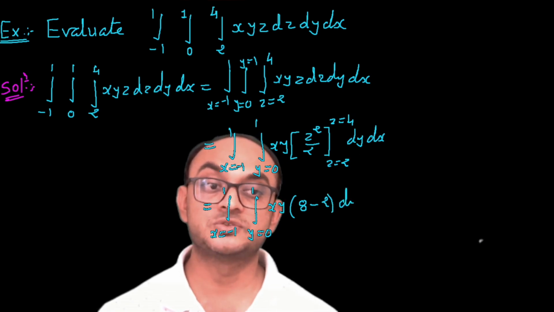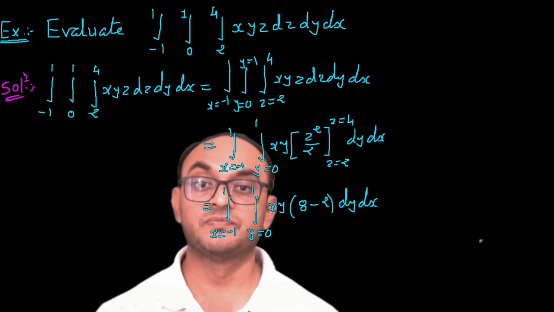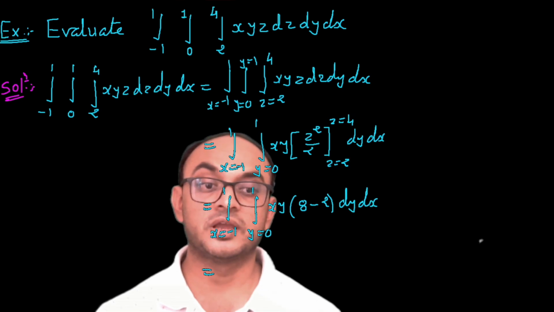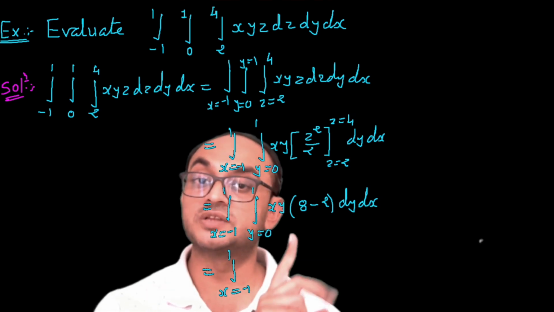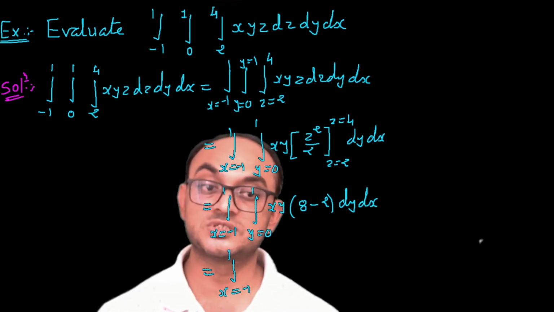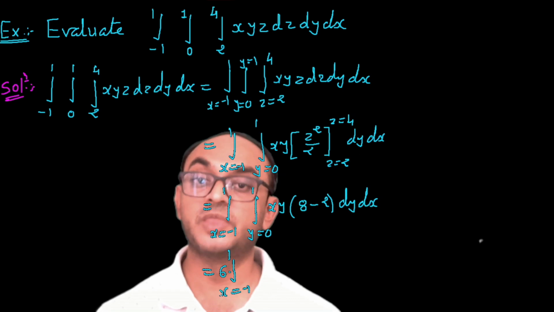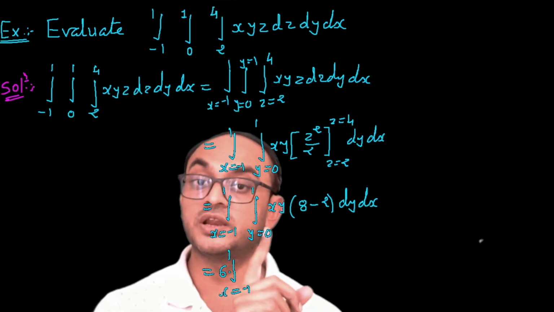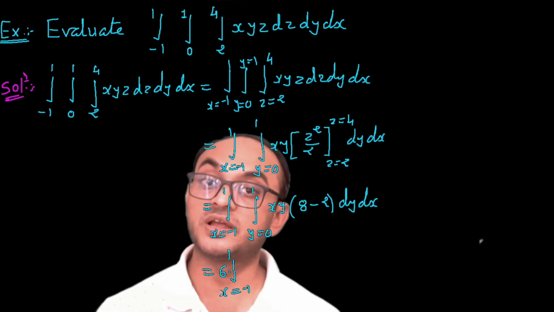So 8 minus 2 dy dx, which is equal to integration x is equal to minus 1 to 1. Now see, 8 minus 2 is 6, which is a constant. I take it outside. Now I have to integrate this quantity xy with respect to y.